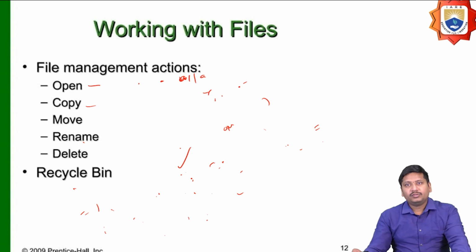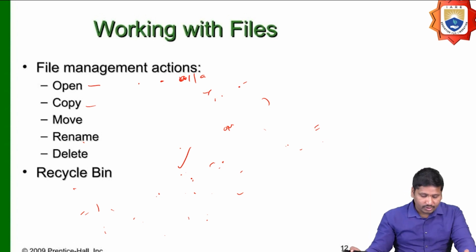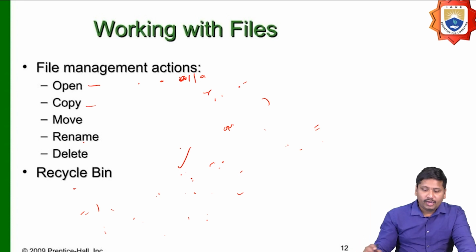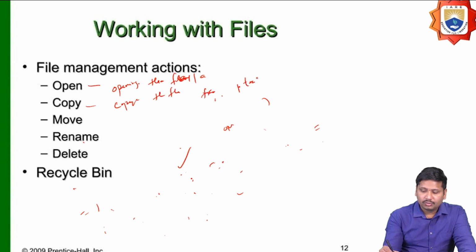And working with files, we have different types of actions that can be performed on files. That may be open, that is opening the file, and copy means copying the file from one location to another location.